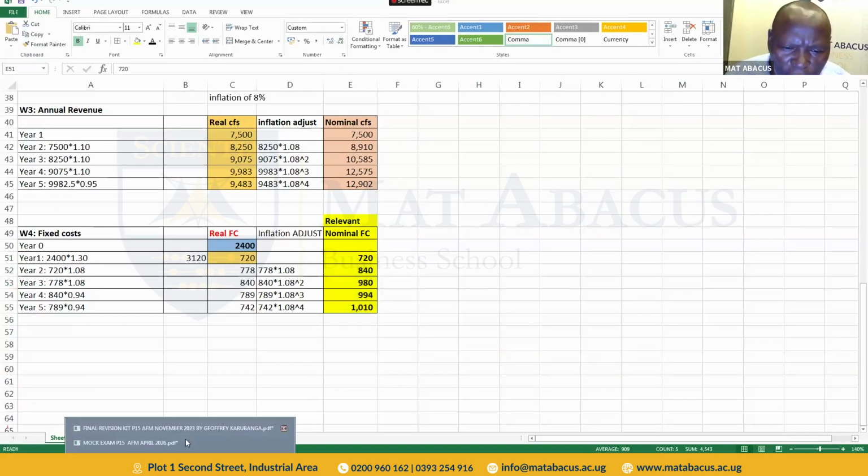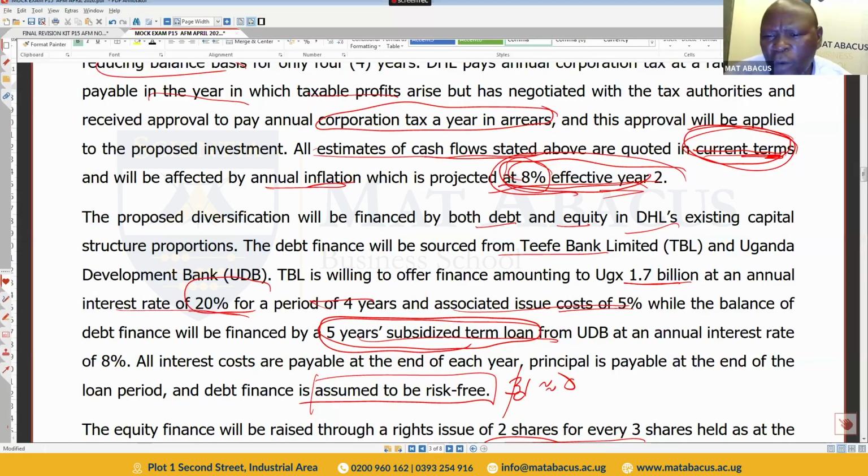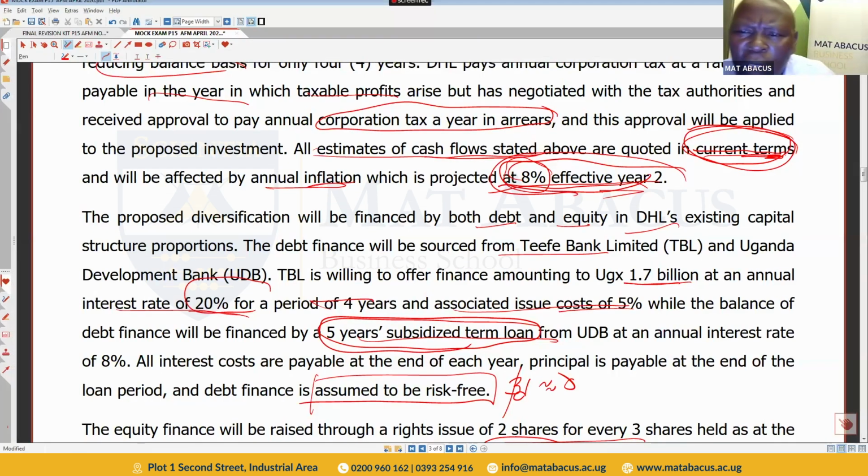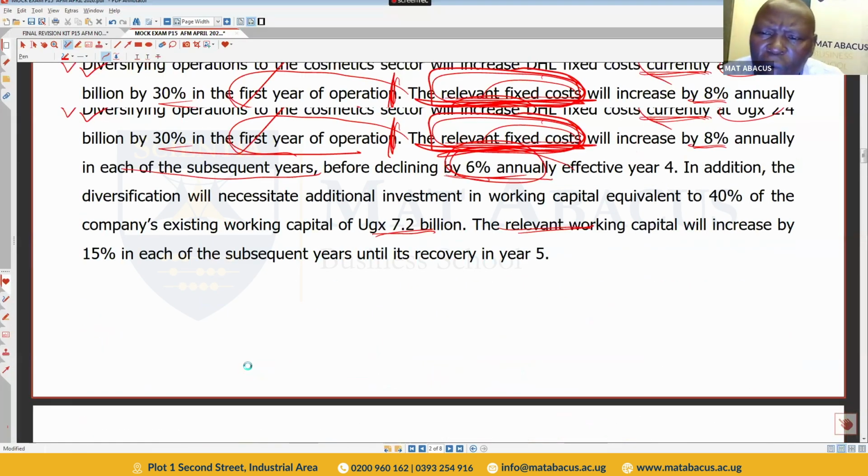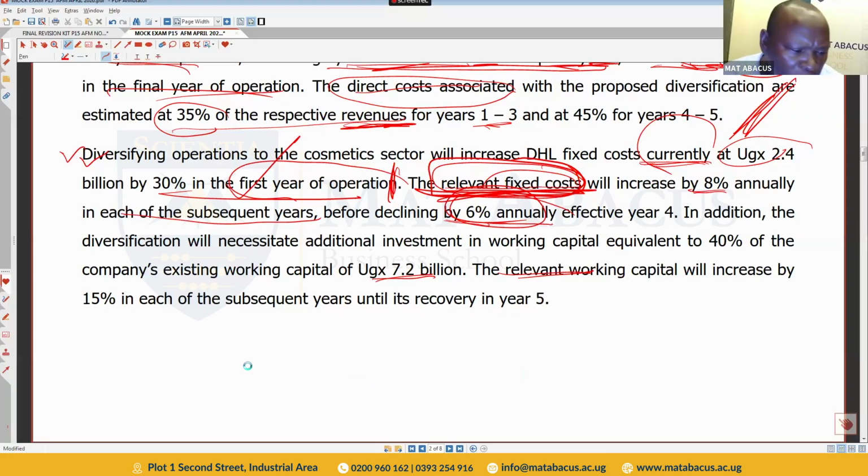Then we continue reading. Remember, we are doing very many things, including inflation, growth, and inflation.